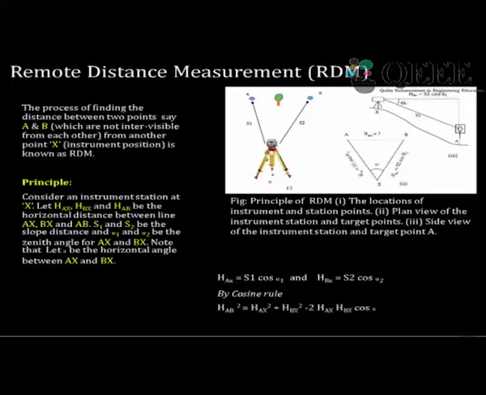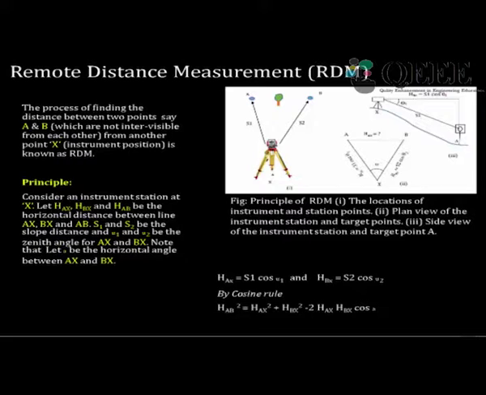By using simple trigonometry, we can easily calculate the distance between point A and point B. So here you can see HAX is equal to S1 into cos U1, where S1 is the slope distance and U1 is the zenith angle between the instrument station and the target A. Similarly, you can get H2.